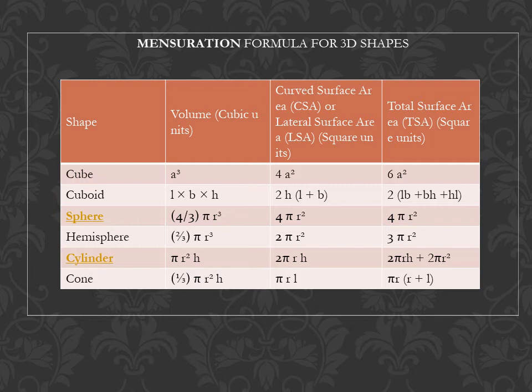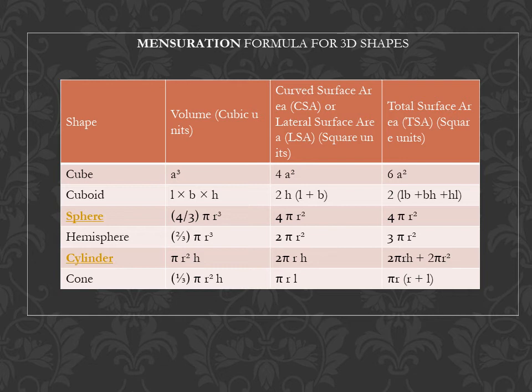Curved surface area means area which includes all the curves, not the base and the roof. So, curved surface area is 4a square and total surface area, which includes the area of base and the roof too, is 6a square.